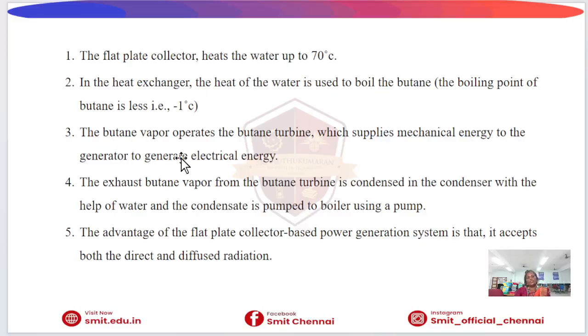This mechanical energy rotates a generator to produce electricity. After leaving the turbine, the vapor is condensed back into liquid form in a condenser and pumped back to the system again. One major advantage of flat plate collectors is that they can absorb both direct and diffused solar radiation.